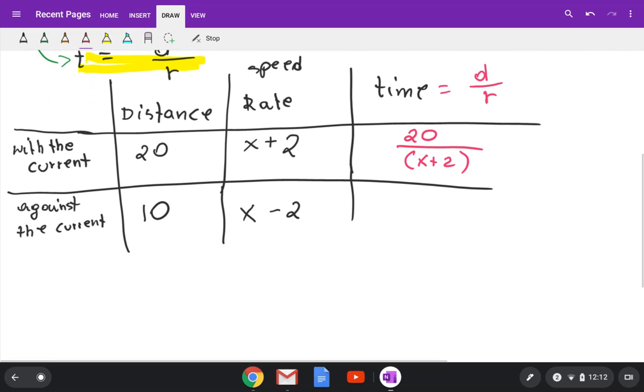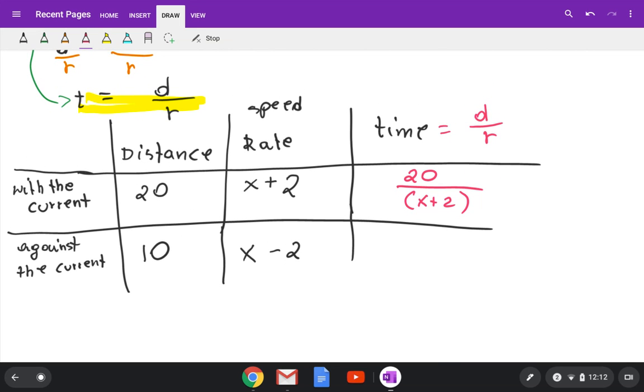And of course, the time against the current is the same. However, using the information from the table for the situation against the current, to calculate the time it's going to be 10 divided by the rate. And the rate of the kayak against the current is x minus 2.